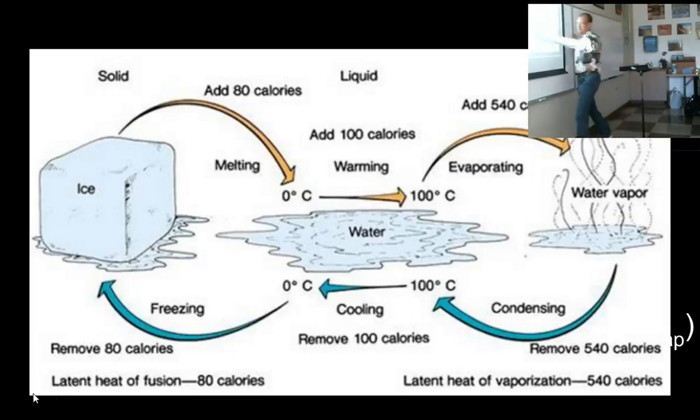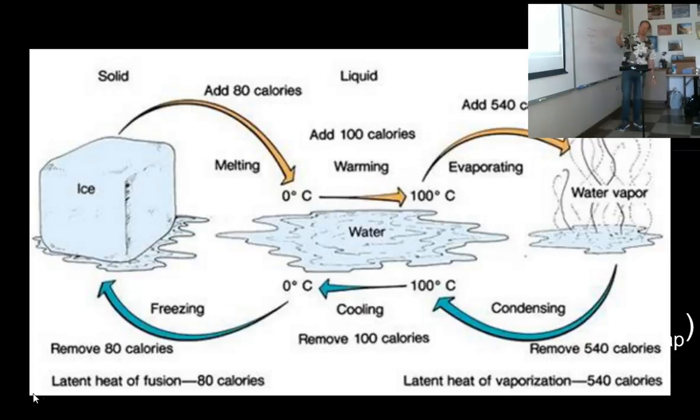So this is latent heat of fusion. This would be sensible heat. This is latent heat of vaporization. Okay, and then all the numbers are exactly the same as you cool it down. If you took water vapor at 100 degrees Celsius and turned it into liquid water, that is condensing, and that is, again, latent heat of vaporization.